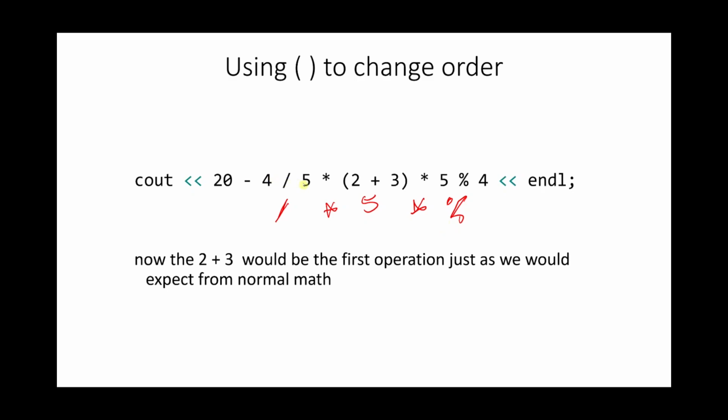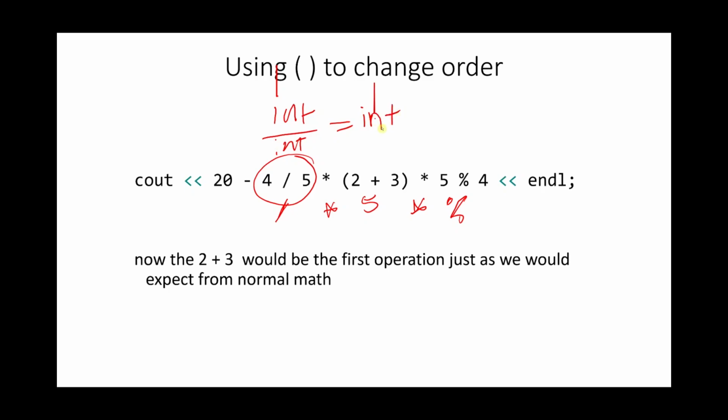So 4 divided by 5. You started to say 0.8. No, wrong. Int divided by int is int.